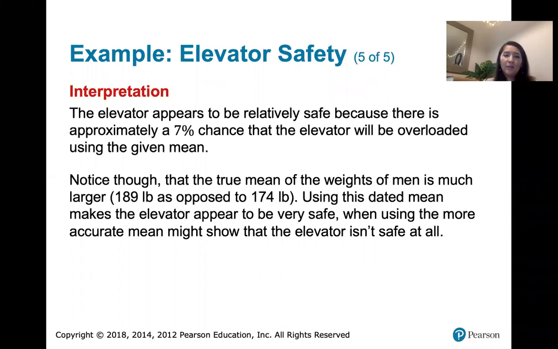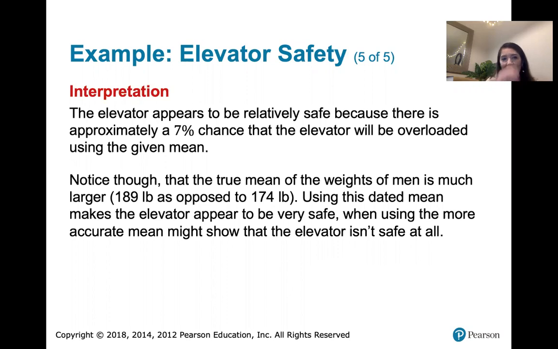If the true mean of the weights of men is 189 pounds as opposed to 174, we're going to get a very different number for the probability that X bar is greater than 185, which is what the problem was asking us to find. So using this dated mean of 174 pounds, it makes the elevator appear to be very safe, but it may not be that safe.